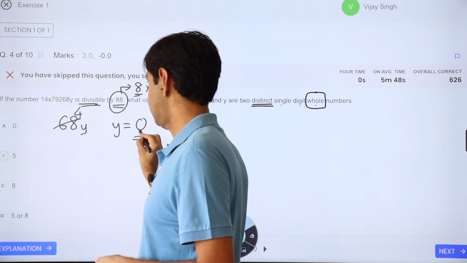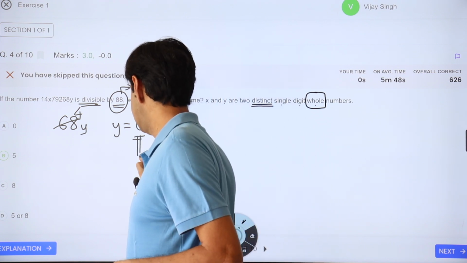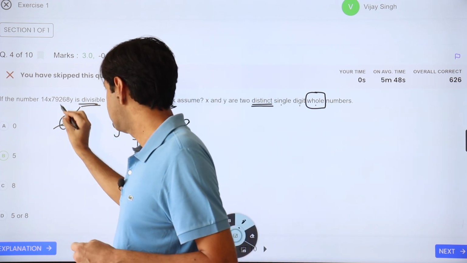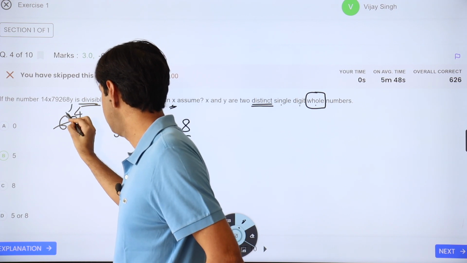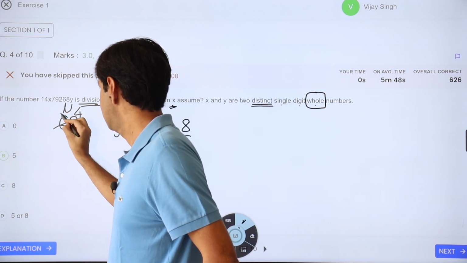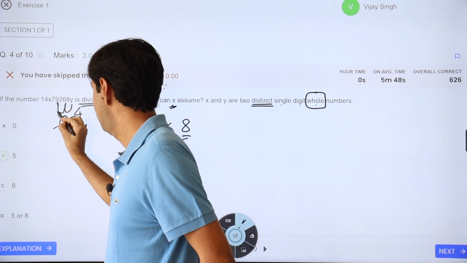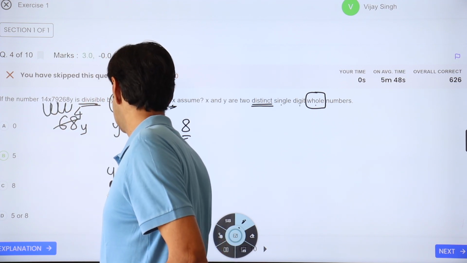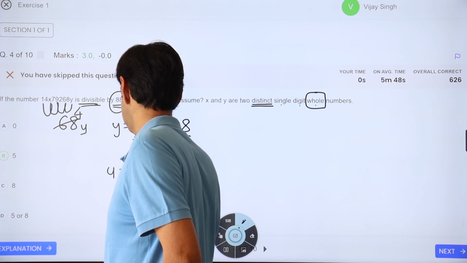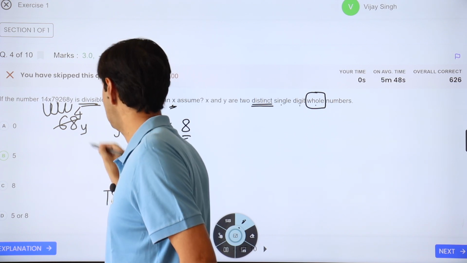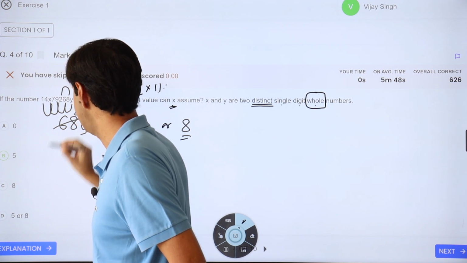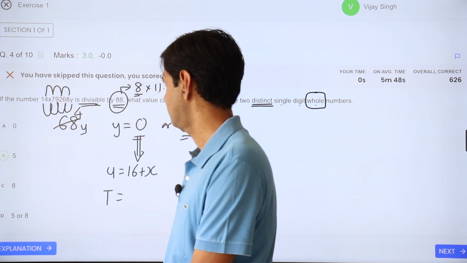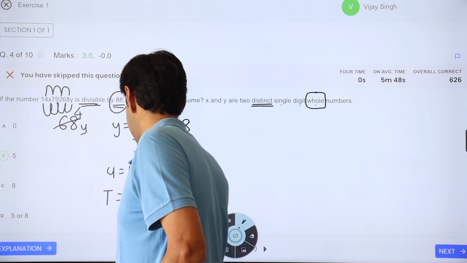So take this case now: y is 0. And now I have to use the rule of 11. So let's do the alternate sums. Remember, y is 0. So 0 plus 6, 6. 6 and 9, 15. 15 and an x and a 1, so that is 16 plus x. And the alternate ones: 8, 8 and 2, 10. 17, 17 and a 4, 17 and a 4 is 21.